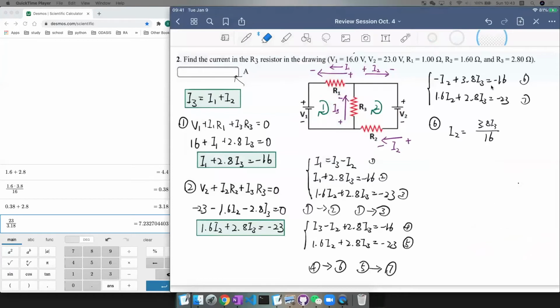It's not a fraction. Let me think. It's 16 times 3.8 I3, right? Times or plus? Oh, plus. Okay, just making sure. I think it's minus. Oh, the negative side. And now I need to substitute 6 into 7.